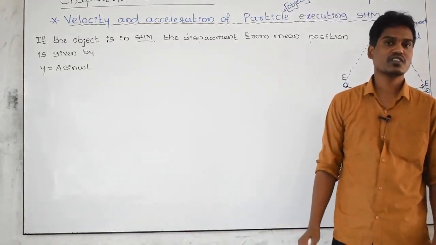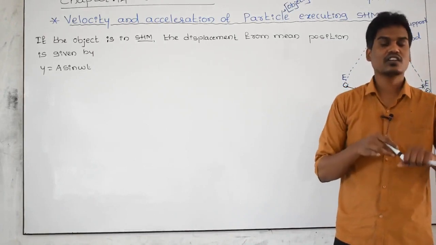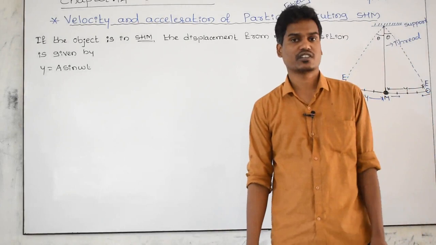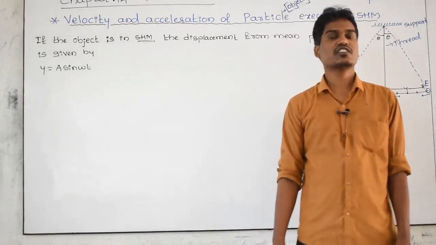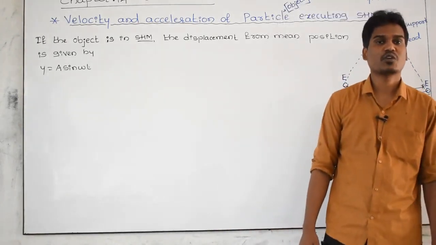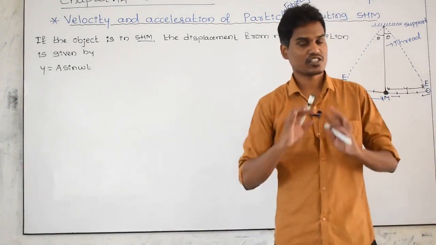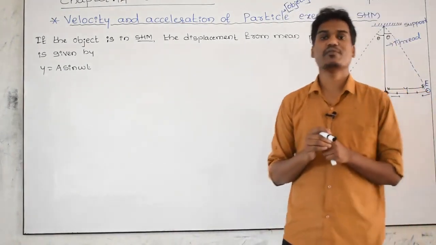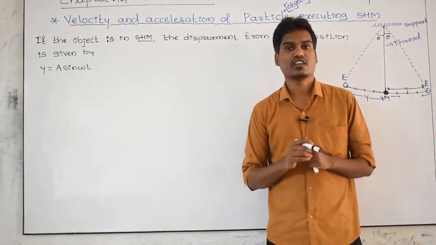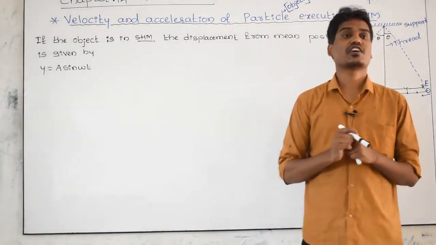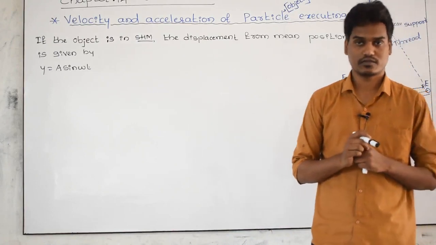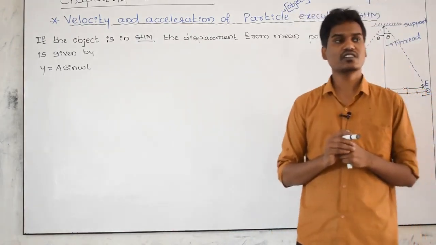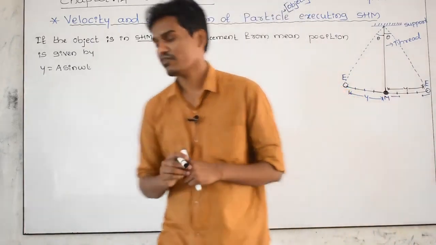What is velocity? Generally you know very well, it is the rate of displacement of the object. The change in the displacement of the object with respect to time is called velocity. If there is a change in the displacement, then we call it velocity.